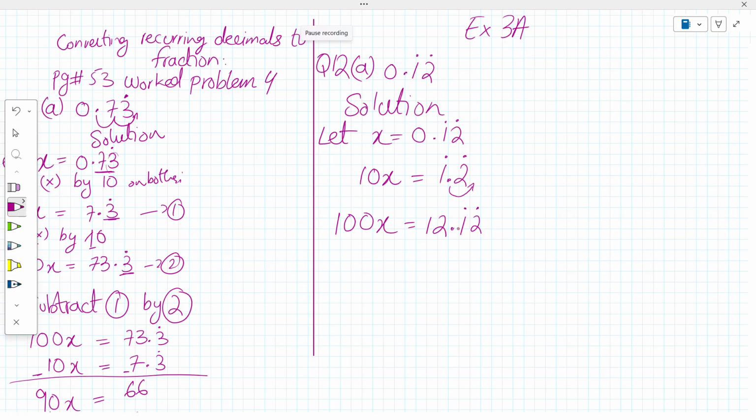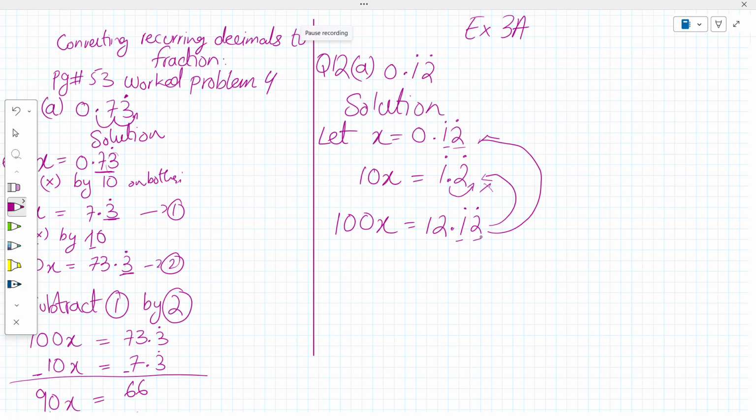Now note how many digits we have here, 1 and 2. So can we subtract the first equation from this, because it has only one? No, it will not work with this, it will go with the other value, because we are actually eliminating these decimal values.